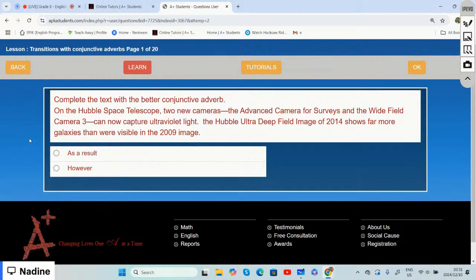It says, on the Hubble Space Telescope, two new cameras, the Advanced Camera for Surveys and the Wide Field Camera 3, can now capture ultraviolet light.